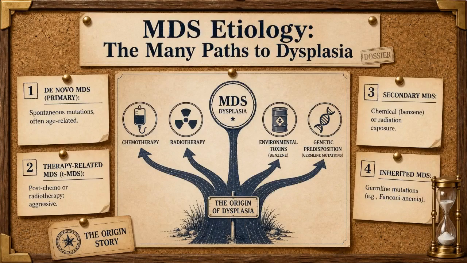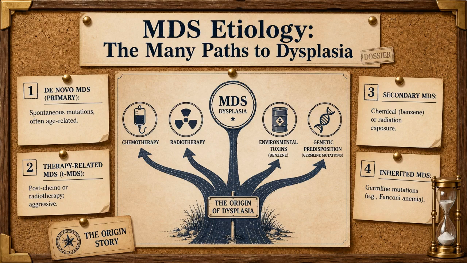Alright, histotechs, we've talked about the cell of origin for MDS being a mutated hematopoietic stem cell. Now, let's explore how these mutations arise, the etiology of MDS. It's not a one-size-fits-all answer, there are several paths that can lead to the development of myelodysplastic syndromes.